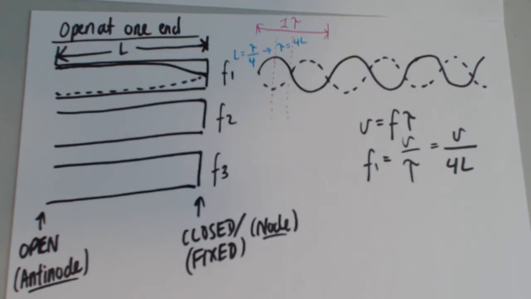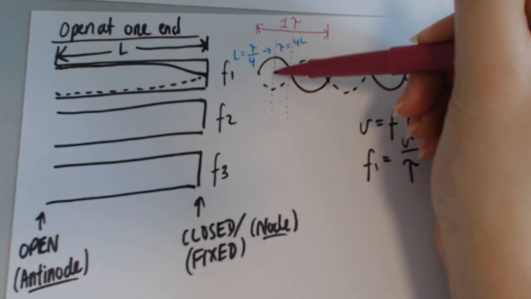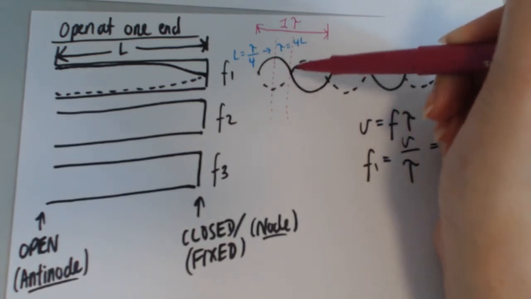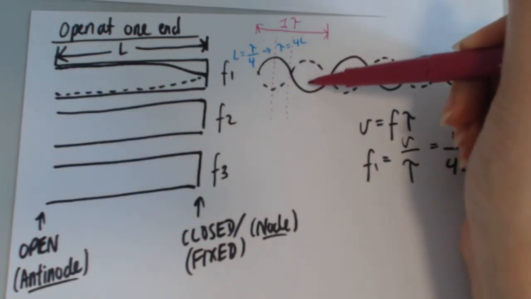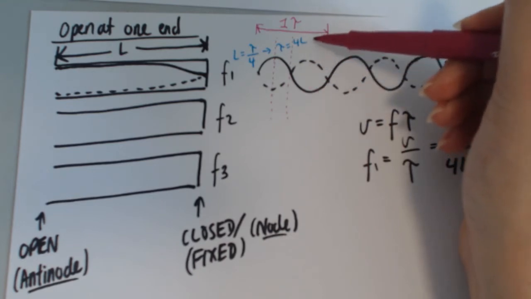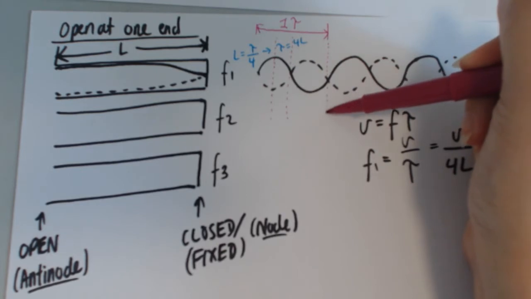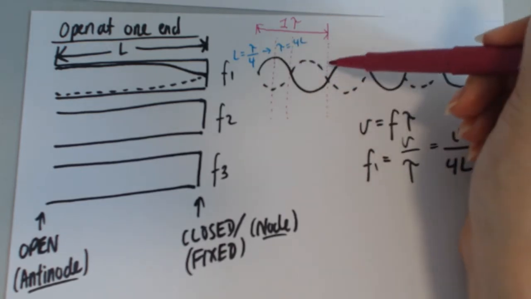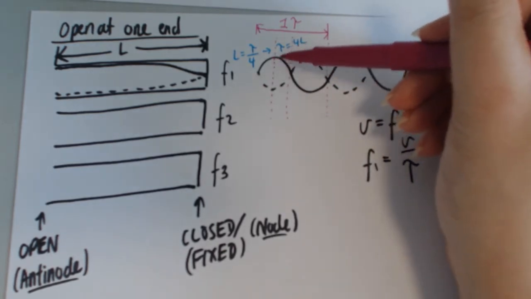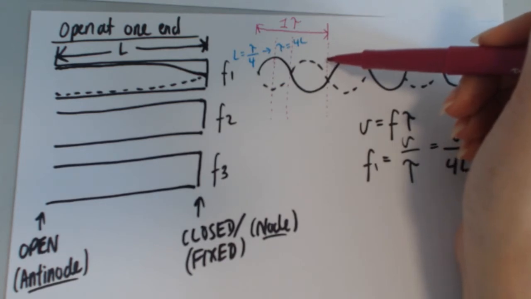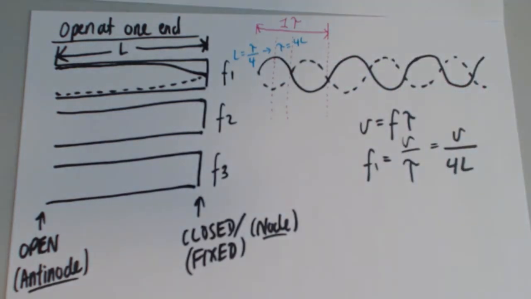Now the second possible pattern I can create, if I start here at my antinode, here's my first node. I can't stop here because this would be another antinode, right? I have to stop at the next node. So the next possible place I can stop is right here. Now from here to here, how much of a wavelength is that? That's 3/4 of the way. So let's draw it first.